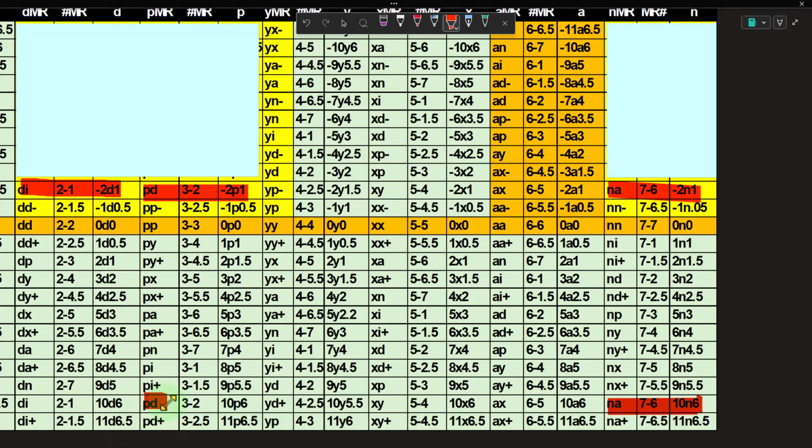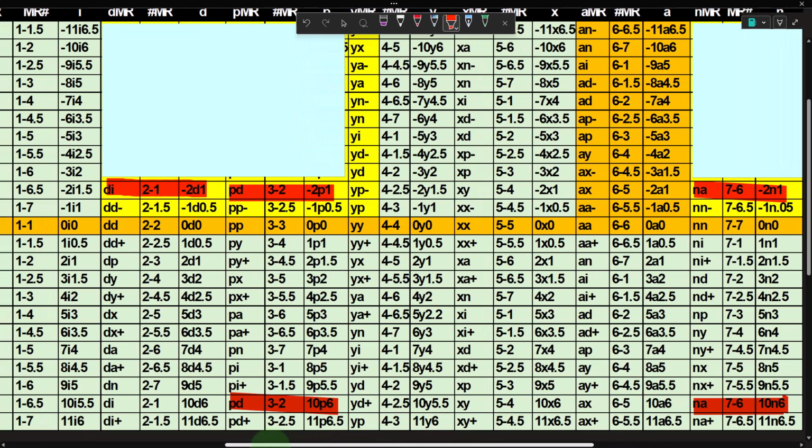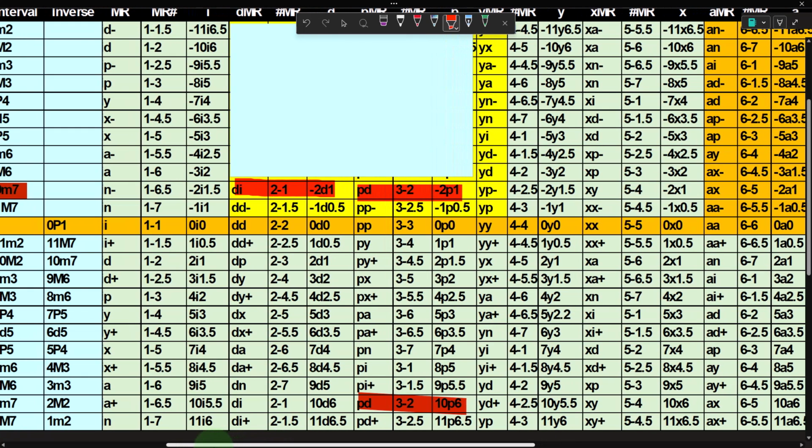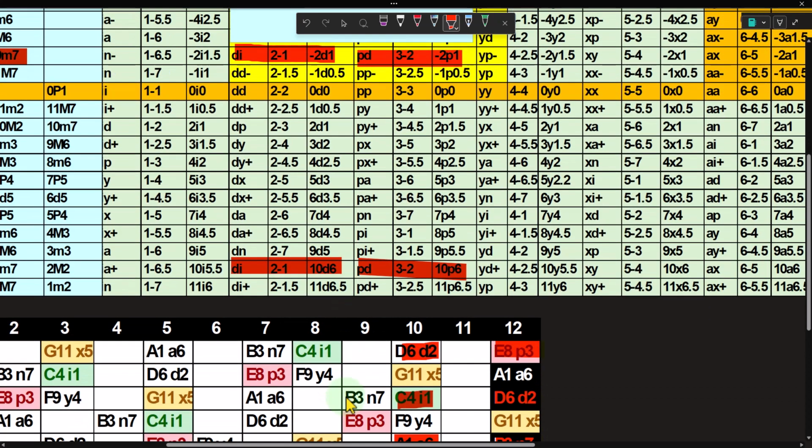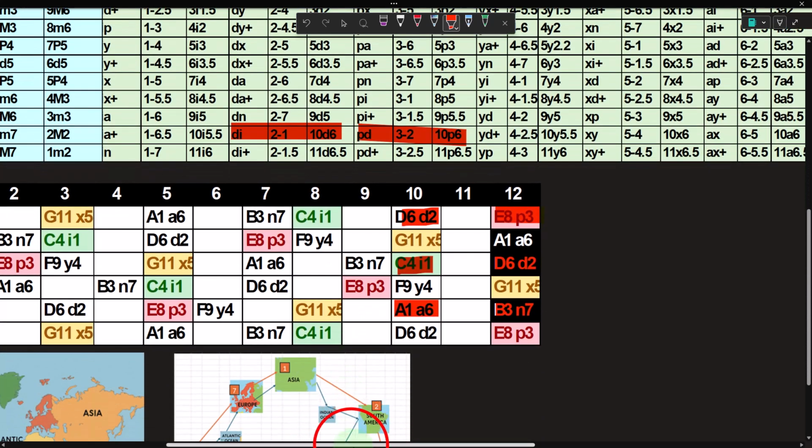Similarly here, PD range, 3-2 range, it would be 10 notes forward from the Phrygian node, which would be 6 modal half steps forward, the 7th scale degree. And then we have this one, which would be 10 notes forward from the Dorian node, which would be 6 modal half steps forward, 7th scale degree.